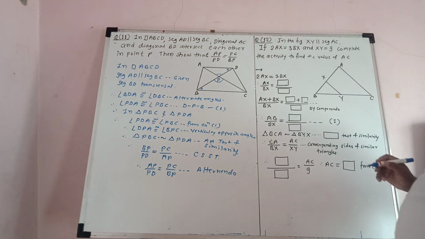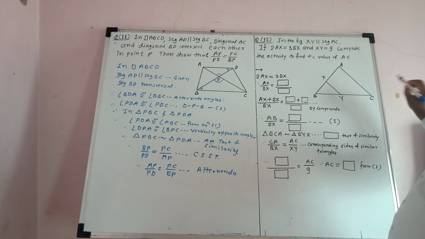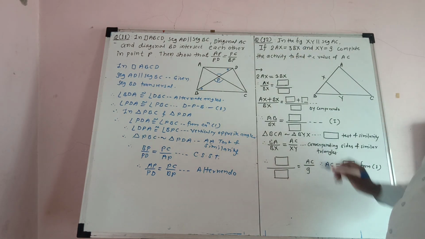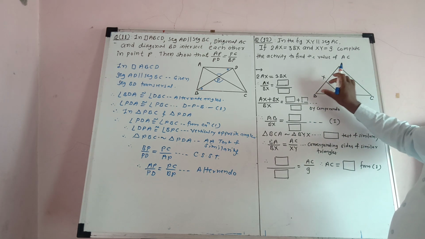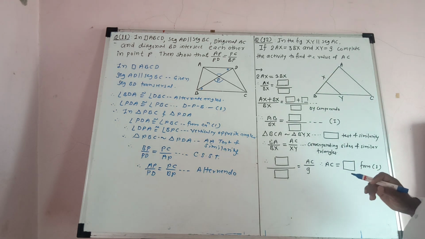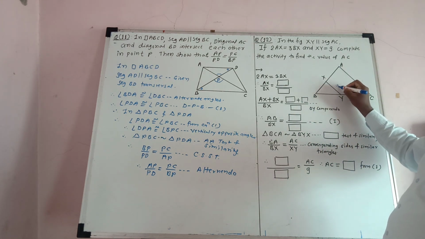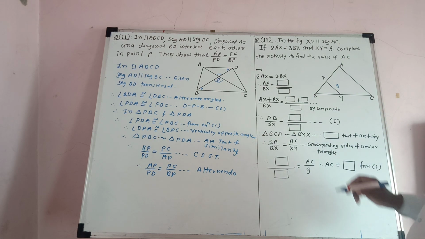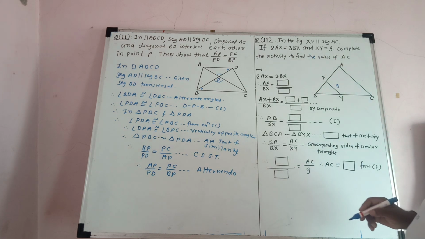Question number 12. In the figure, XY is parallel to segment AC and 2AX is equal to 3BX, and XY is equal to 9. Complete the activity to find the value of AC.